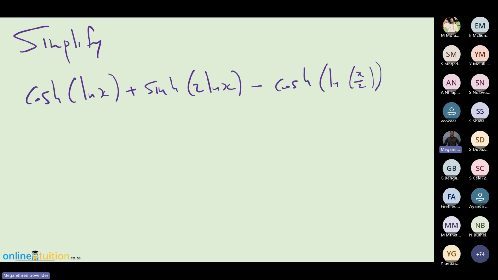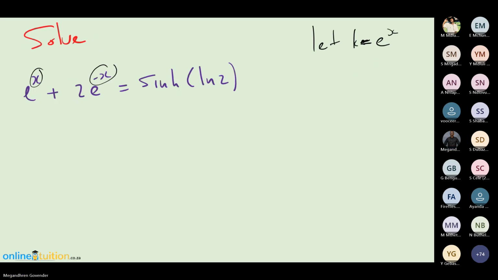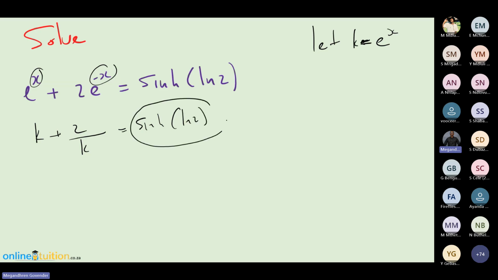oops, I went to the wrong one. So that becomes k plus, who agrees with that? 2 over k, right? Yes. That's right. But now I'm curious. What is this number here equal to?